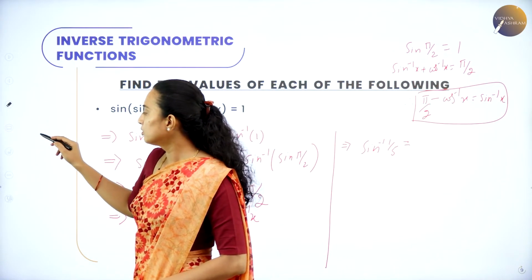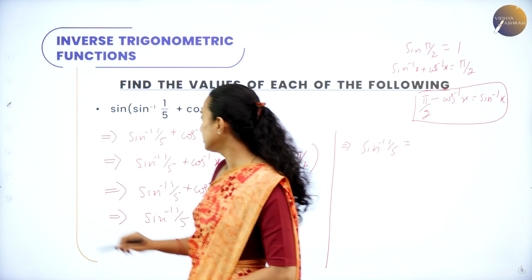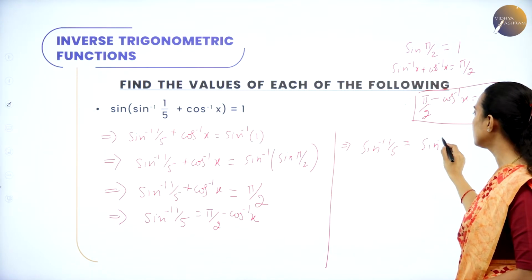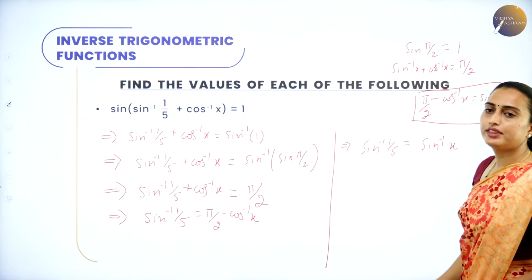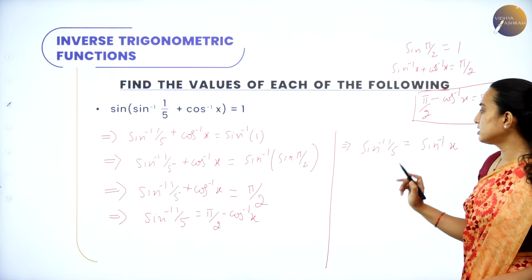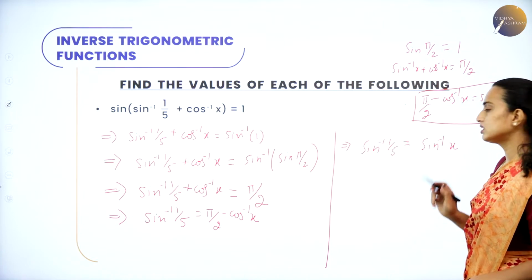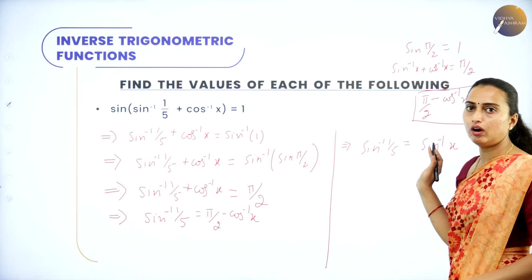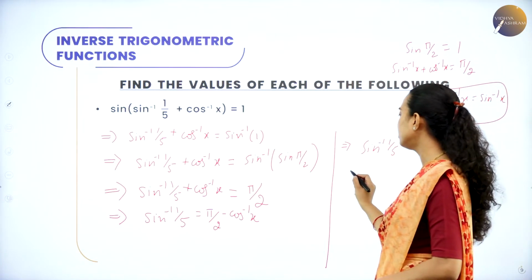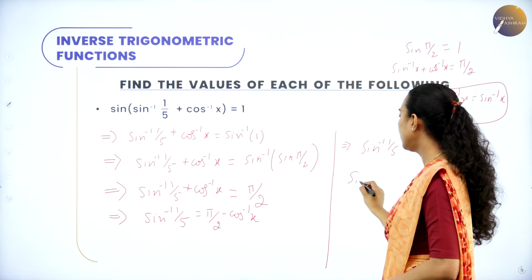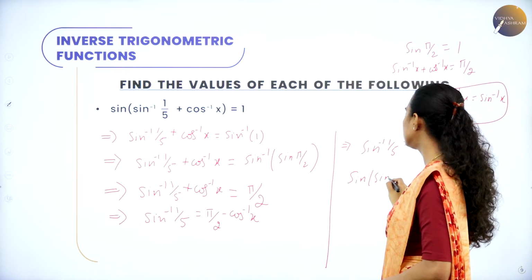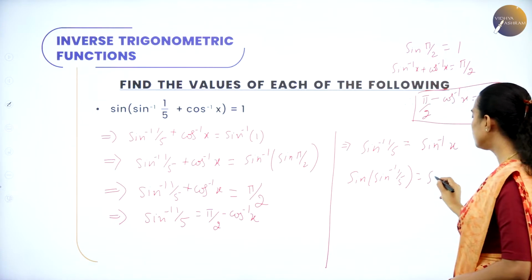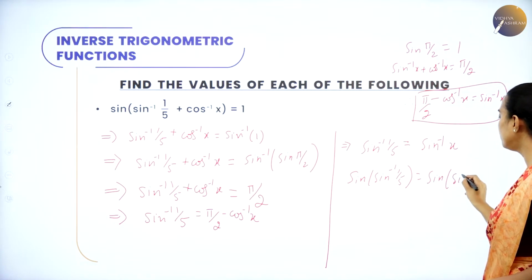Right? So here I write pi by 2 minus cos inverse x as sine inverse x. Either you can bring this sine inverse to that side or to this side. Taking sine on both sides, sine of sine inverse 1 by 5 is equal to sine of sine inverse x.